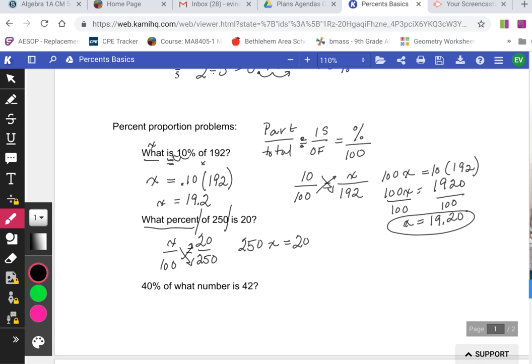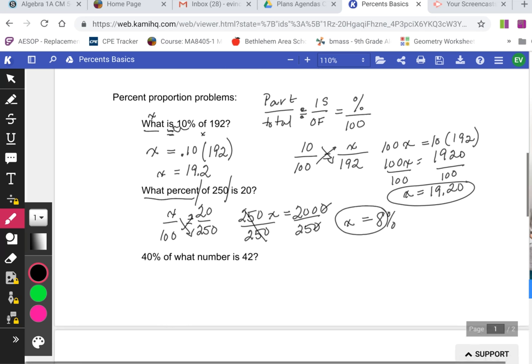And if you multiply that out, you get 1,000. Divide both by 250. So you get x equals, now remember, I can cross off zeros because they're now simplified. And if you do 200 divided by 25, $2 gives you 8 quarters. Okay, so it's 8%. So our answer, make sure we have our percent sign for that one.